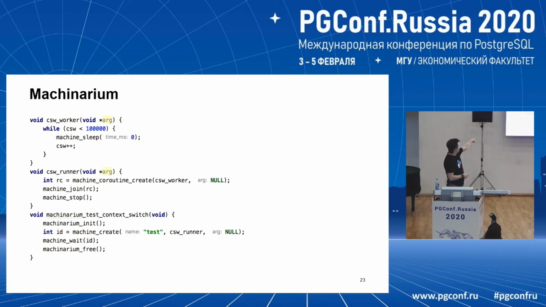Here we can see three flows. One is created by Machinarium, the second one is already what is happening inside the machine, which is the coroutine, which in turn creates the next coroutine, and the top coroutine calls sleep.